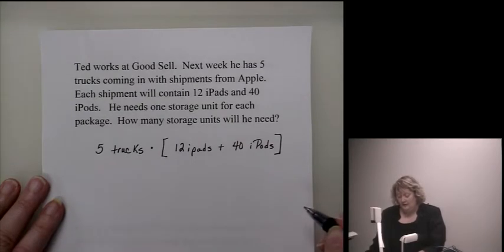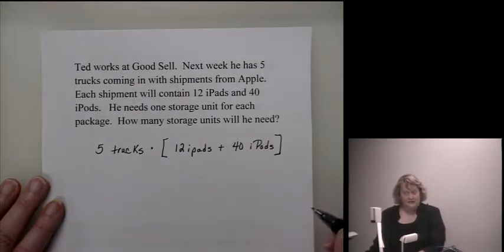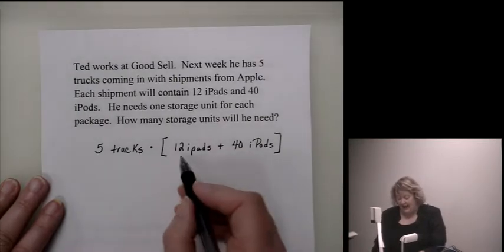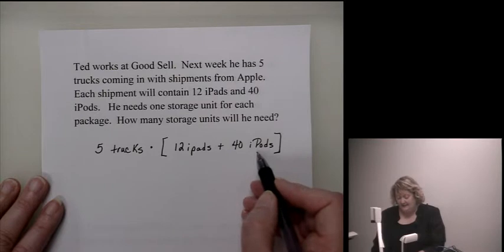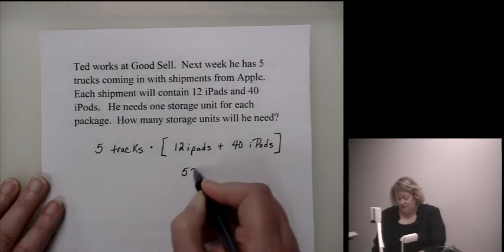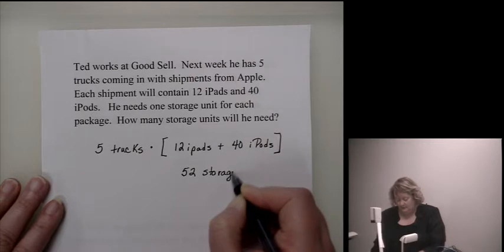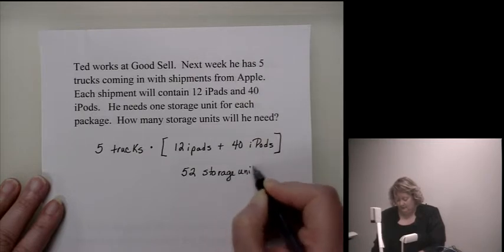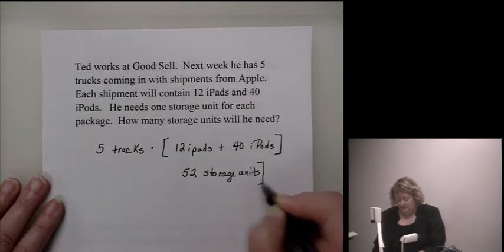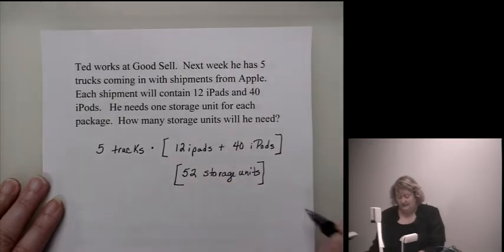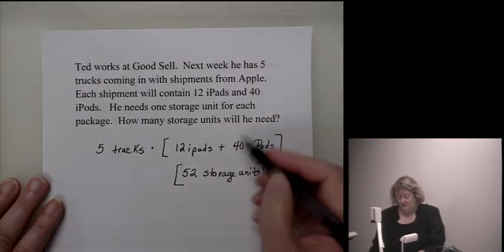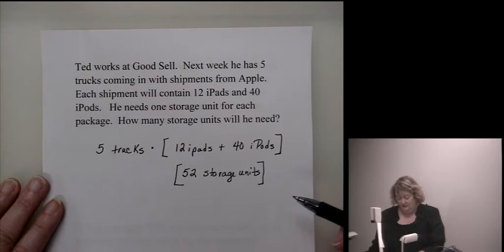Well, since we're not really treating the iPads or the iPods differently in this situation because they each need 1 storage unit, we can just add the iPods and the iPads together for 52 storage units. Because each one gets 1 storage unit, 40 plus 12.